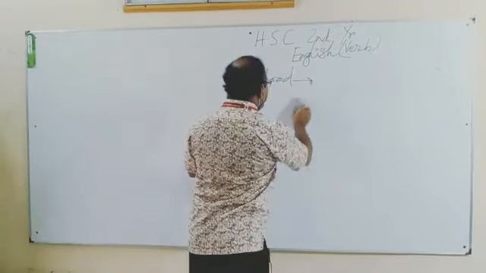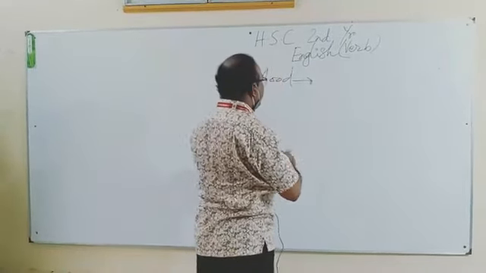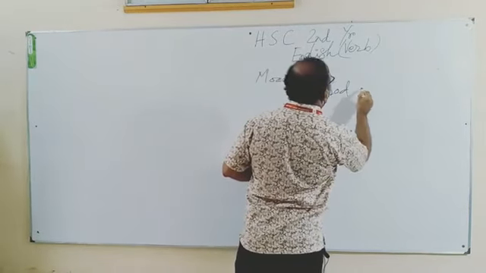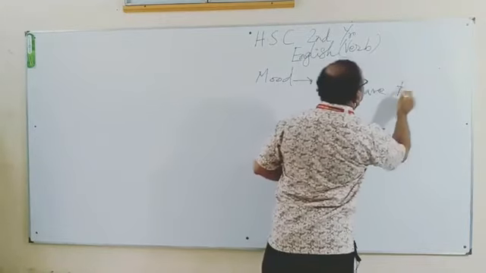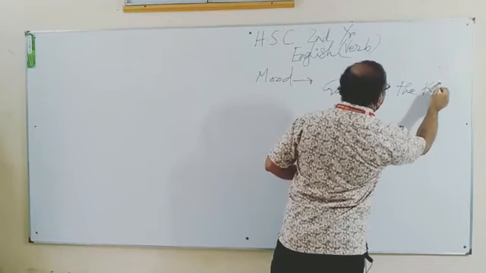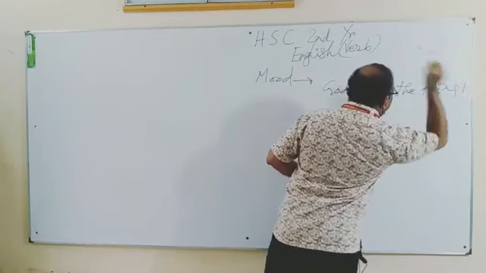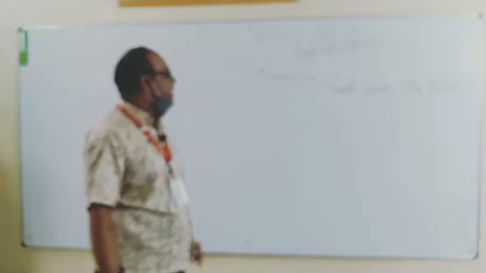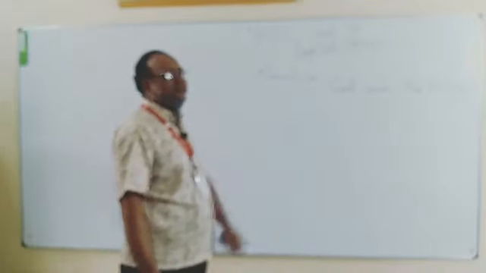And it needs a special skill. If I say, God save the king, I will have to use the exclamation mark at the end of the sentence, and it will mean that it belongs to subjunctive mood.